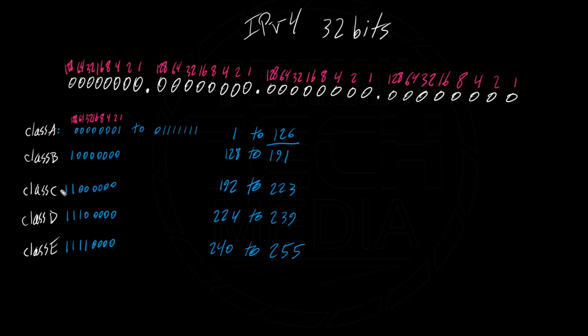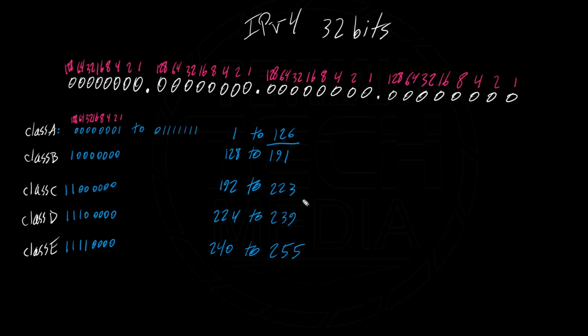Class A, B, and C we will use to assign to the host interfaces, and mainly we will see subnet masks for class A, B, and C. In the next video we will talk about the subnet mask in more detail.